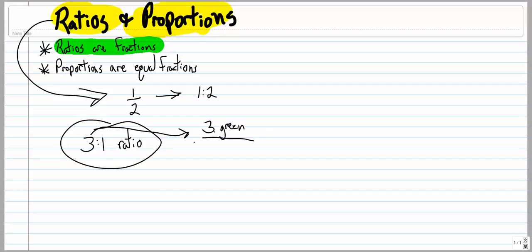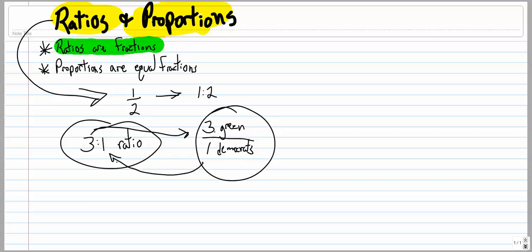And divided by 1 for some other party, let's say the Democrats. So this fraction is the same thing as that ratio. For every 3 Green Party votes, there was 1 Democrat vote. See how that works? So ratios and fractions, they're really no different.